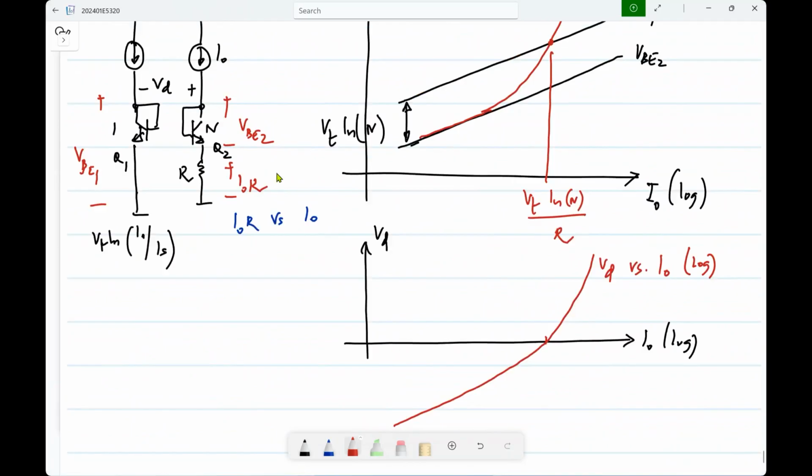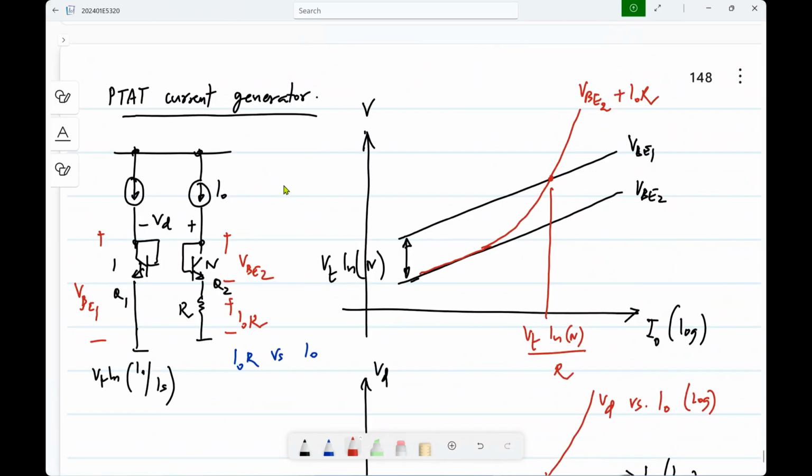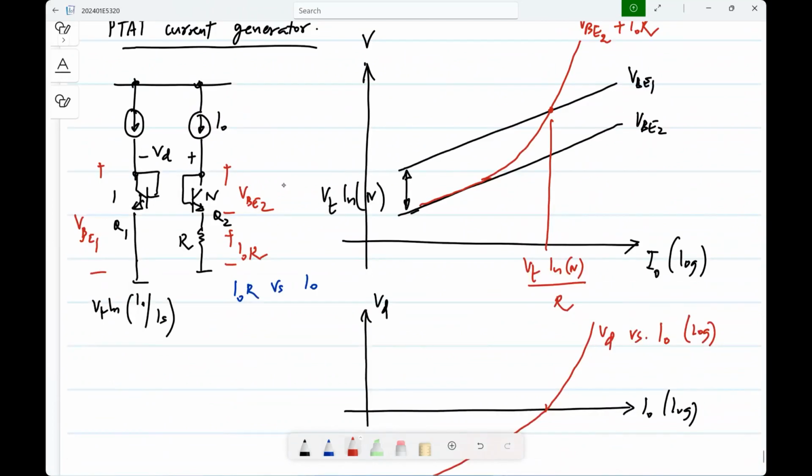So now, what is it that I should do? Let's say now I have a variable current source for both these, right? My negative feedback, you already said it should be implemented using negative feedback.